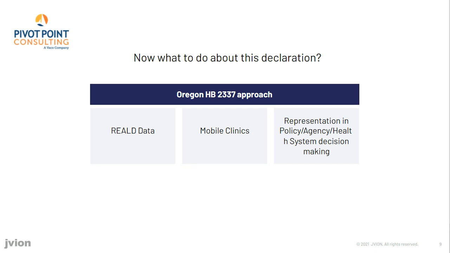This concept of the REAL D data in Oregon started in 2013, and we're just now getting to the point where it is getting rolled out across the state, across hospital systems, clinics, etc. What this is really getting at is a more specific level when you're looking at race and ethnicity.